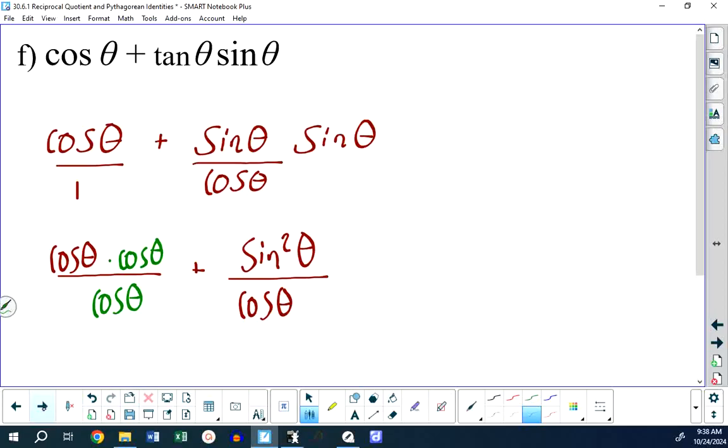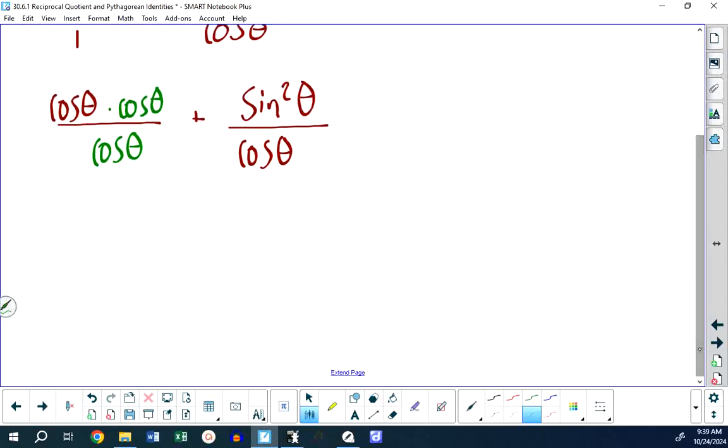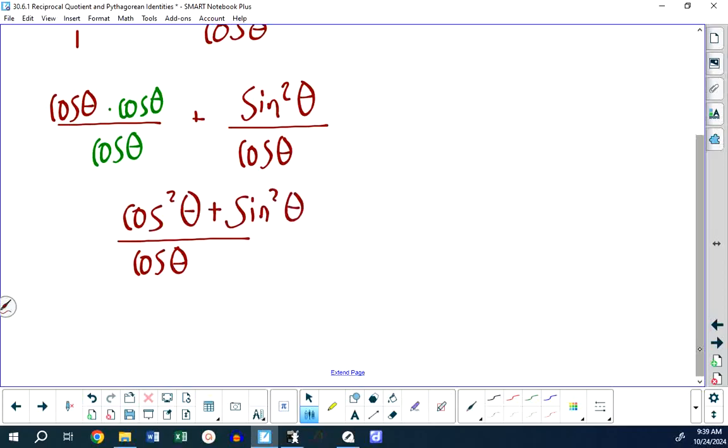How many of you see this is going to be secant of theta? Not yet? A couple of you, yes. Why? Because this is all now over cos of theta, and the top is cos squared of theta plus sine squared of theta. And you should know cos squared plus sine squared is 1, like you should know 2 plus 3 is 5.